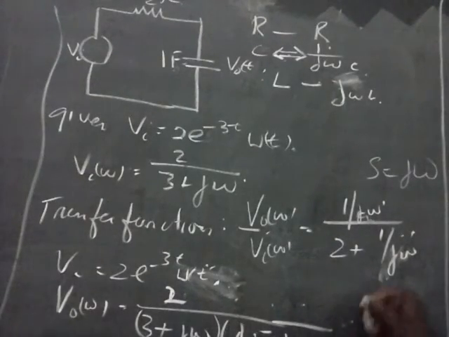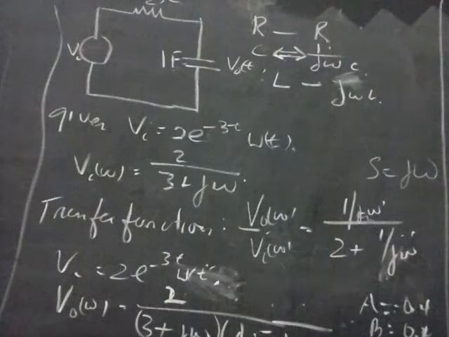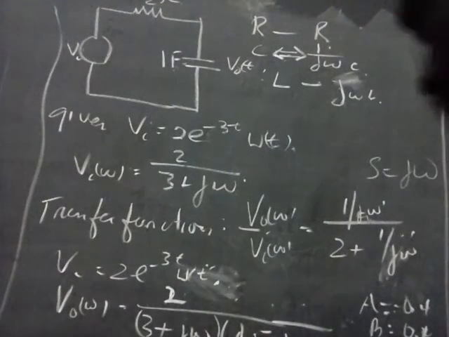You need to know that A is equal to minus 0.4 and B is equal to 0.4, something like that. We put this equivalent to A over 3 plus j omega plus B over 0.5 plus j omega, and then we do the partial fraction and we get A and B like that.